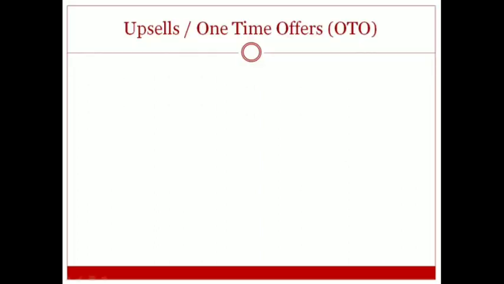The first thing I want to talk about are upsells and one-time offers. For some of you, you don't know what upsells and downsells are. So let me make sure that you understand what it is and how powerful it can be if you add them to your sales funnel. Upsells and one-time offers are the same thing, just different names.